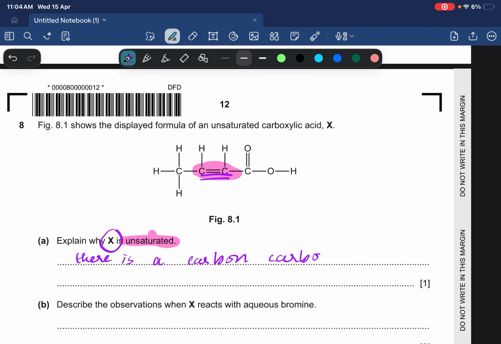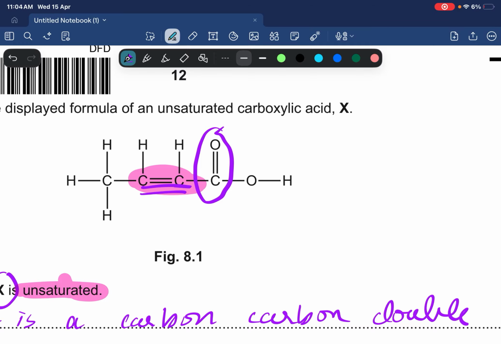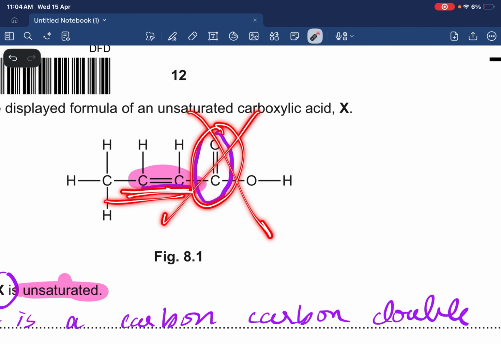If someone thinks that this is also a double bond, so it also must be unsaturation, no. The double bond must be between two carbon atoms. If there's a double bond between carbon and oxygen, you don't care. That's not unsaturation. Unsaturation is only going to happen between two carbon atoms. So remember this. This is not unsaturation. Unsaturation means double bond here.